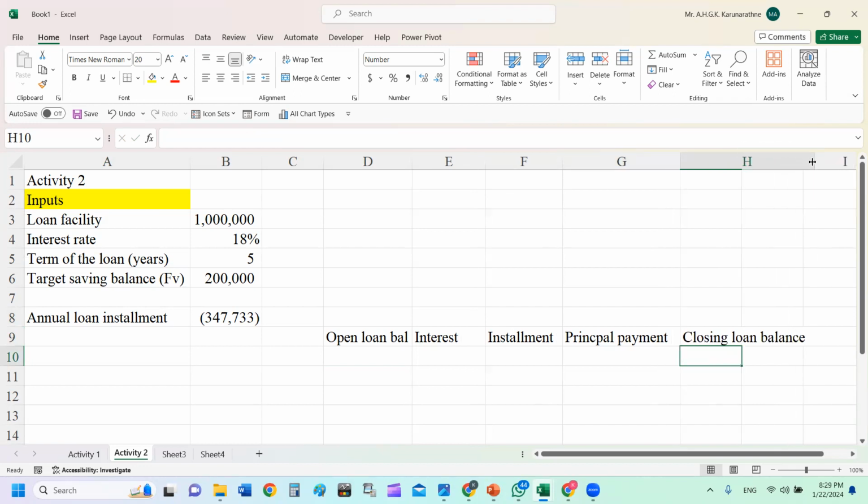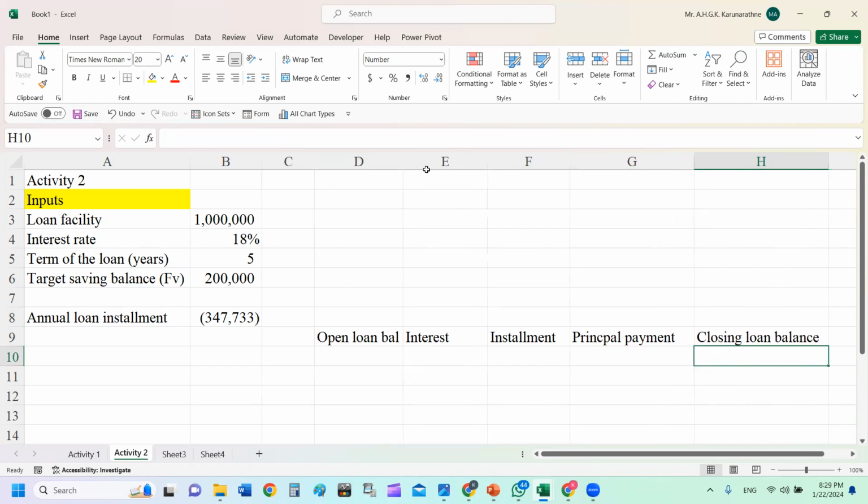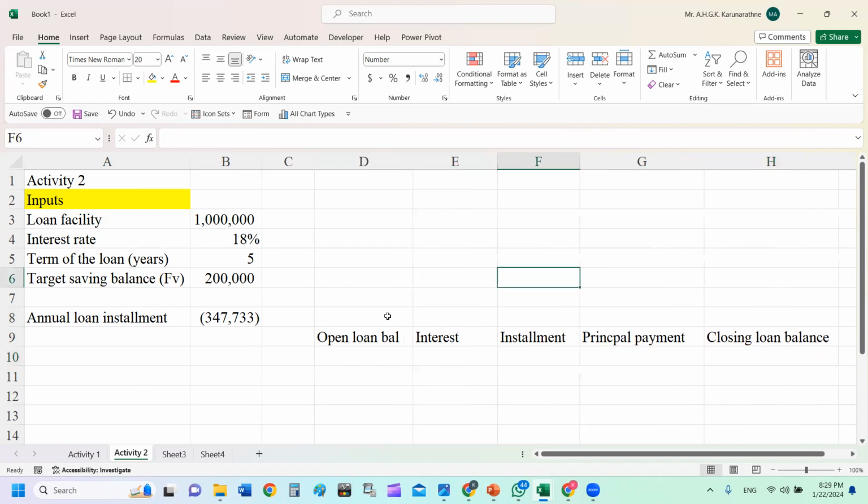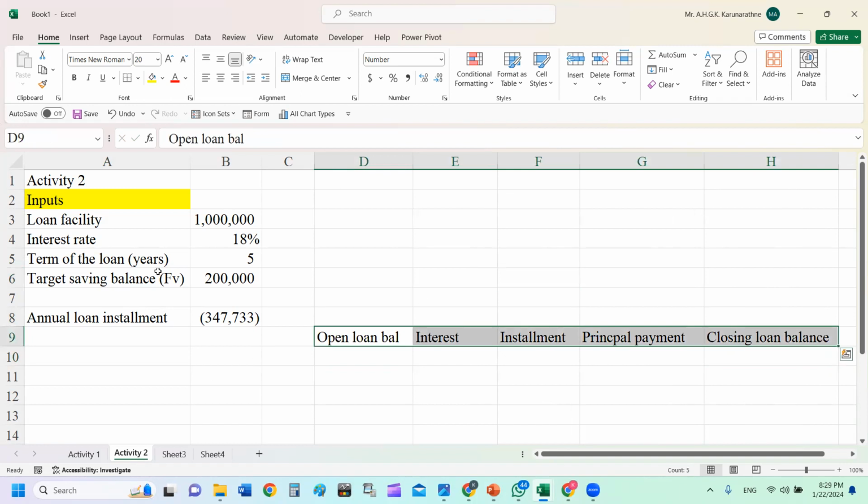Closing loan balance, right? Only five headings. Okay, these are the headings. If you want, you can make it bold with Control B.